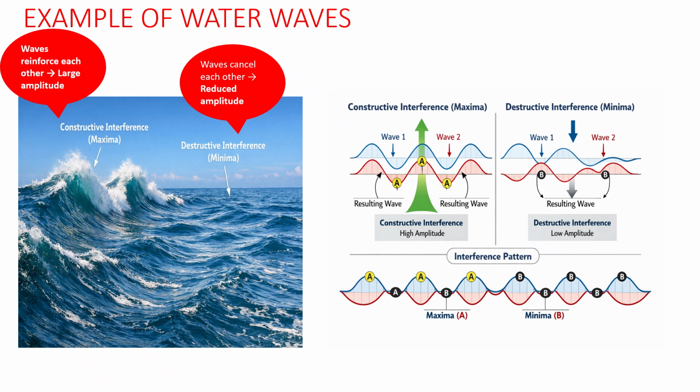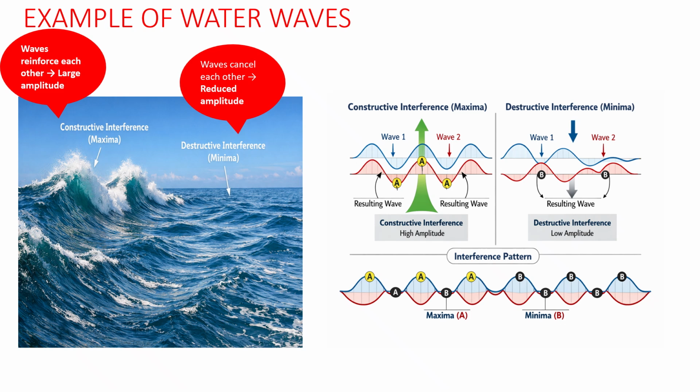But when we throw two stones, two waves propagate. If both waves are high, meaning two crests meet, they reinforce each other and enhance their height, so the level of the water rises.